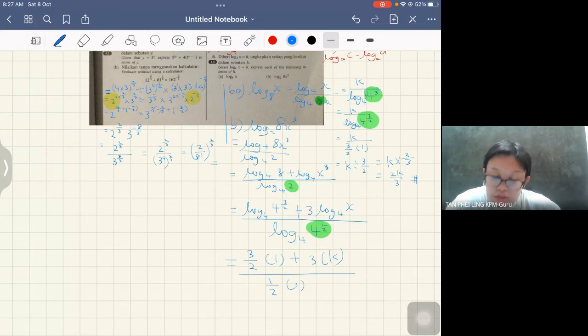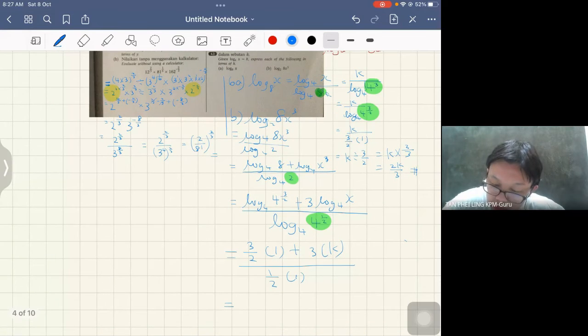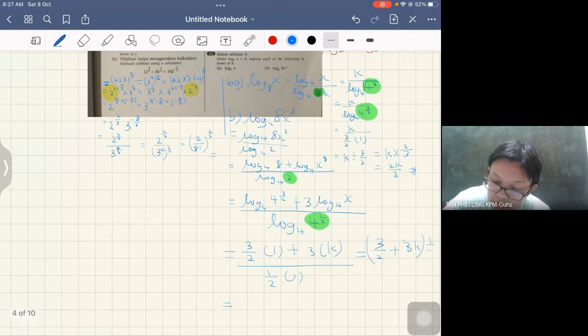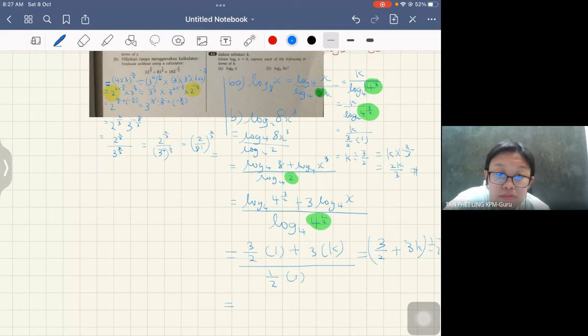So simplify. This one is simple maths, coming to the end already. Let me write it here first. So equals 3 over 2 plus 3k, this whole thing divided by half. Can you see?